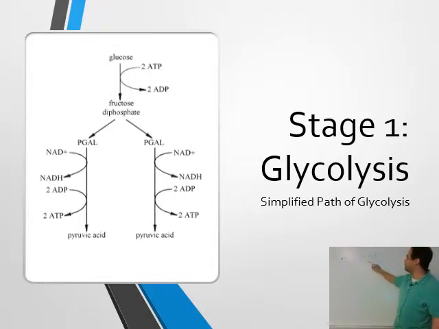Positive 2. 2 ATP total. And then we have 2 NADH created. Two ATP and 2 NADH. No, not decimal values. Just total number of molecules.